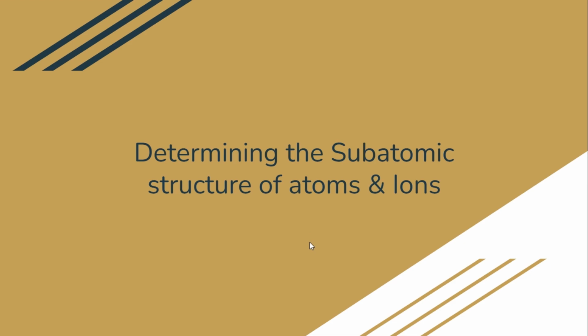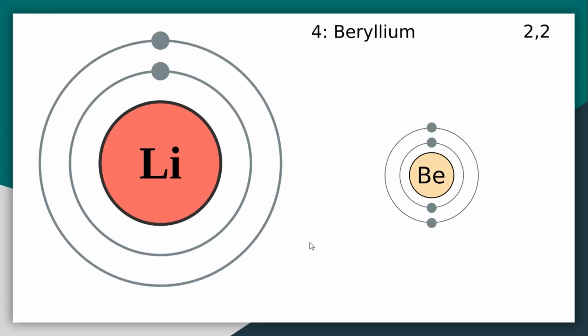Okay, now on to protons. Like we said, the number of protons is the atomic number of an atom, and it determines which element it is, basically. So all atoms and ions of the same element have the same number of protons.